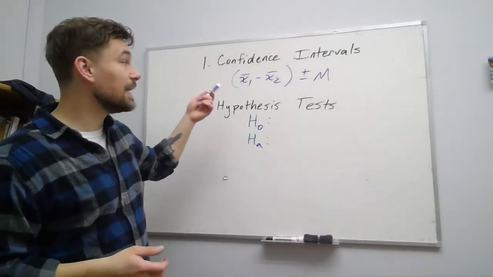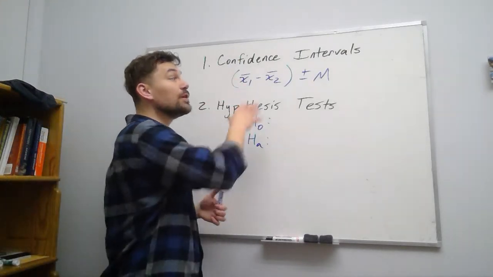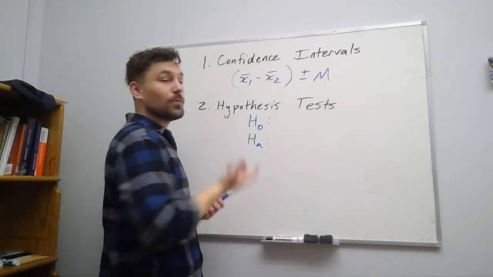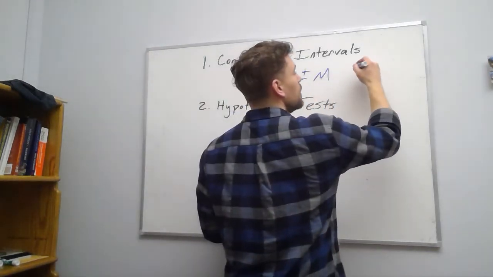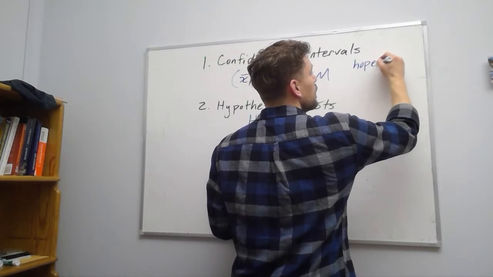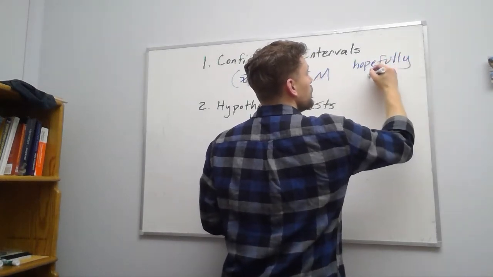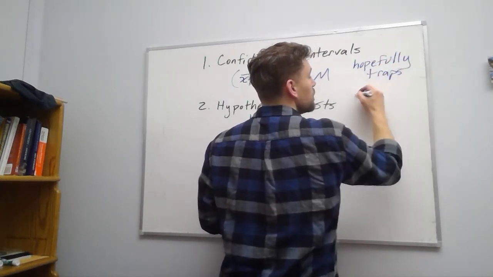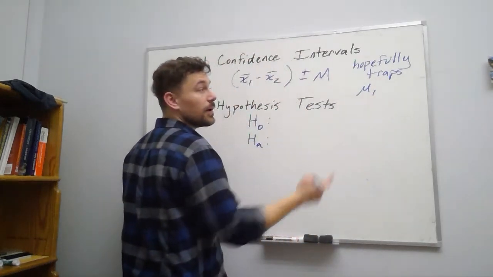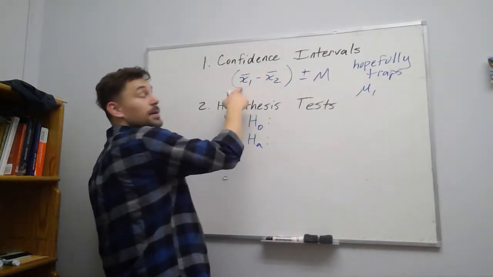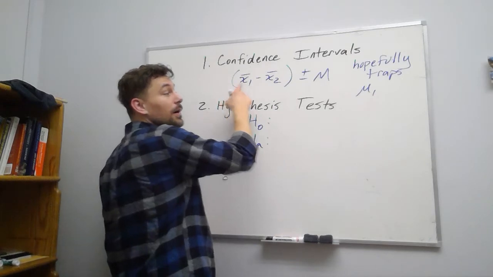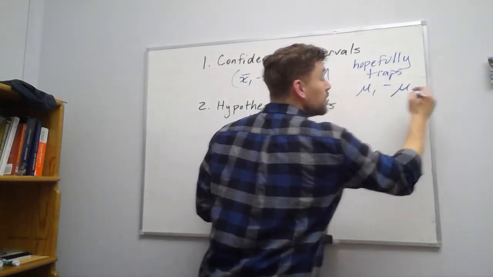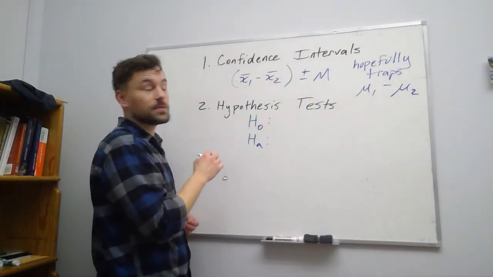We are hoping, again, that this traps the real value, right? What's the real value in this situation? So this hopefully traps mu1, which is the parameter associated with x1 bar, minus mu2, which is the parameter associated with x2 bar.